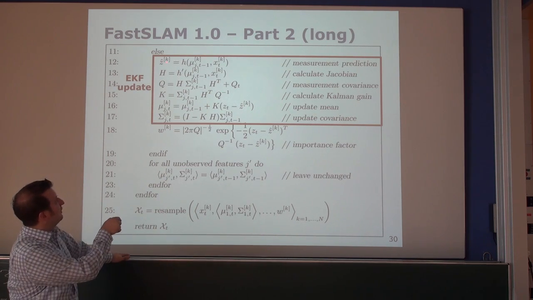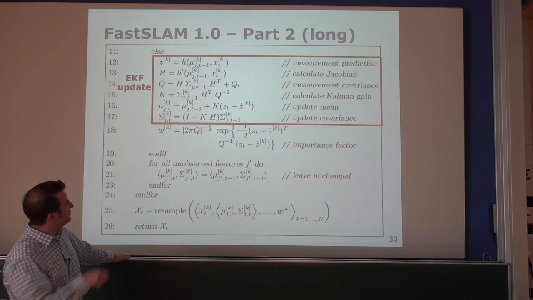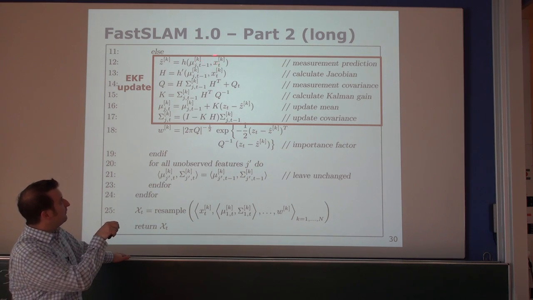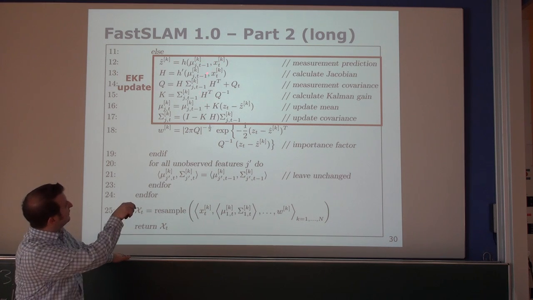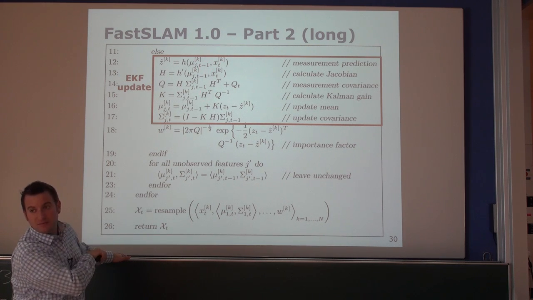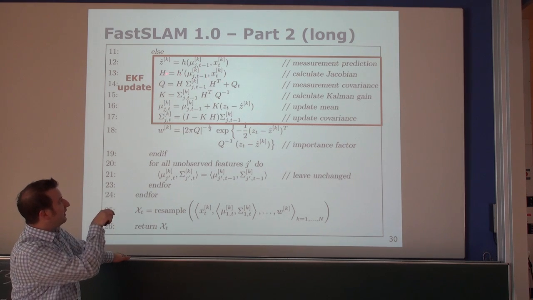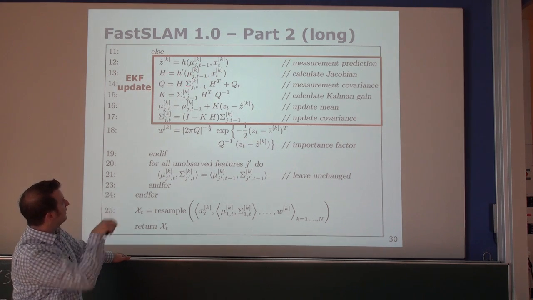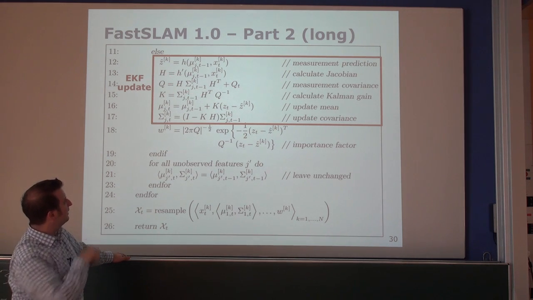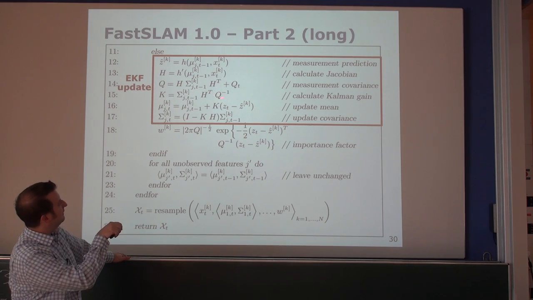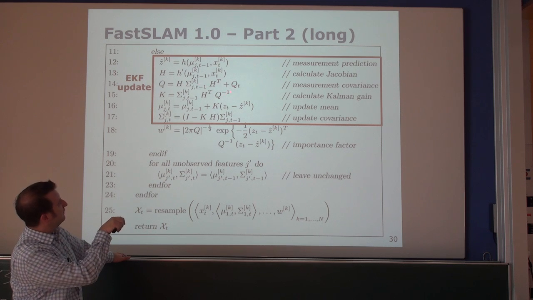So what we do is compute our predicted observation. The only difference is we now do it for every particle. And here you exactly see it's done at the time step t minus 1, what you were referring to. I compute my Jacobian, I compute the measurement covariance, I compute my Kalman gain. And here you see exactly that the Kalman gain takes this measurement covariance inverted into account.